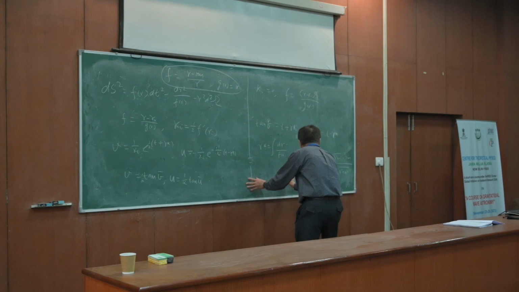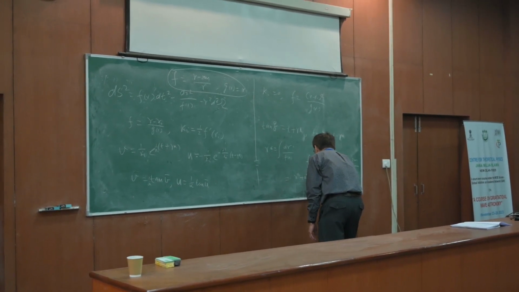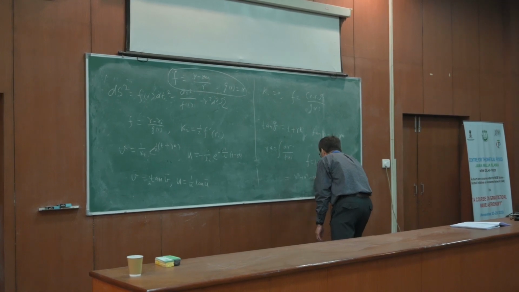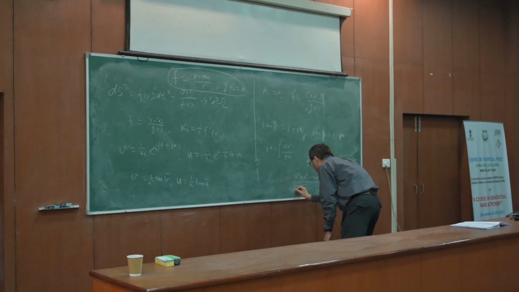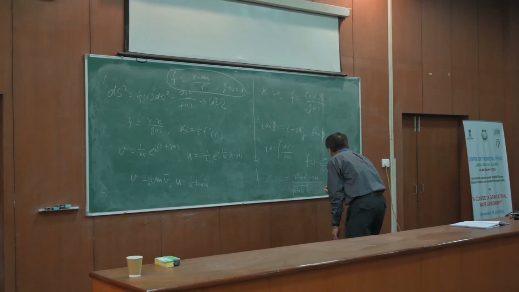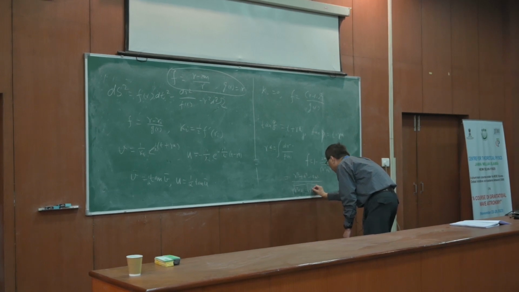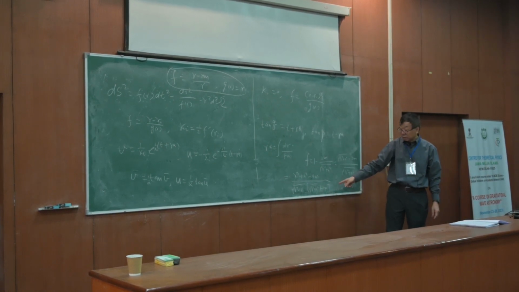This will equal r squared plus a squared minus 4m squared, over square root of r squared plus a squared plus 2m. Correct? So I have this one.